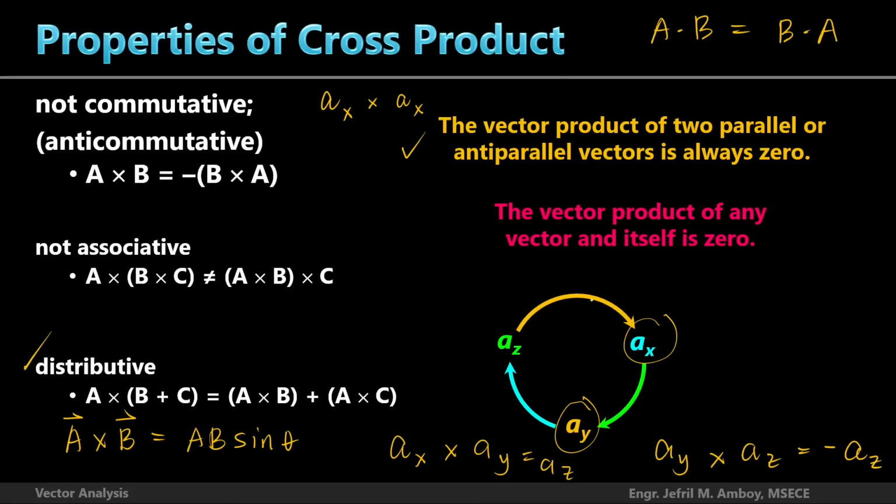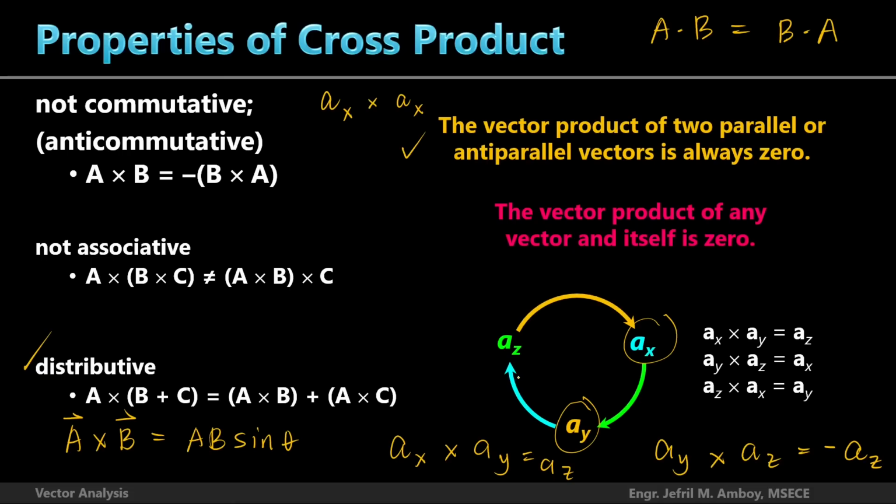So applying this rule, we will get the cross products AX cross AY is AZ, AY cross AZ is AX, and AZ cross AX is AY. But for example, if we get AX cross AZ, because it's counterclockwise, the answer would be negative AY.